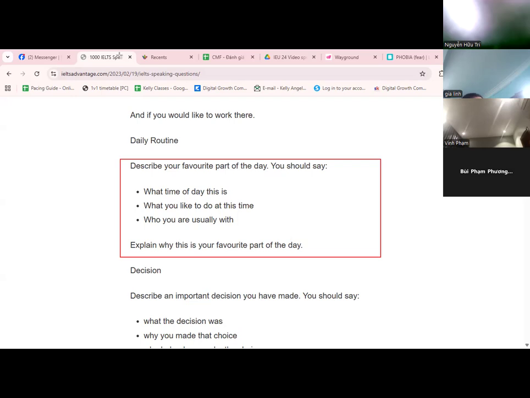I think this is my favorite part of the day because I can fully relax.